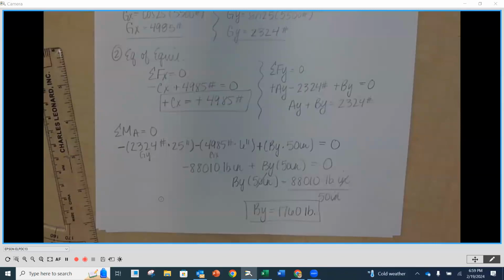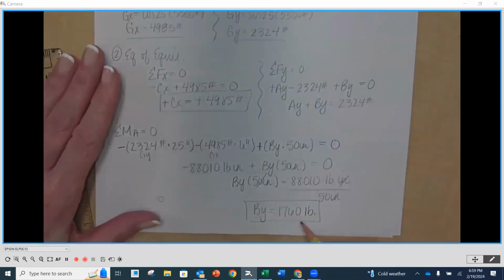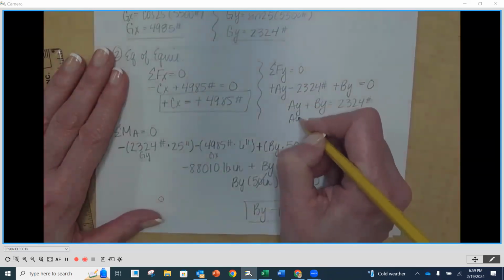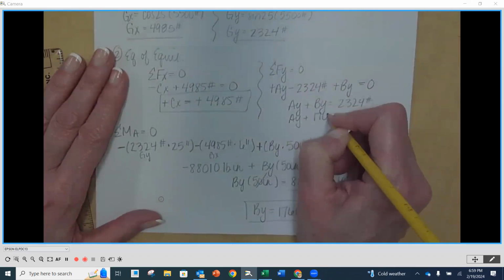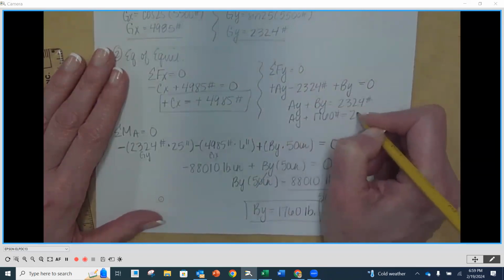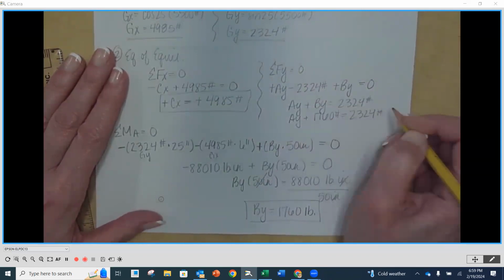So your BY should come out to be 1760 pounds. And now we can plug that BY to solve for AY, right? Put BY up here. So AY plus 1760 pounds is equal to 2324 pounds.